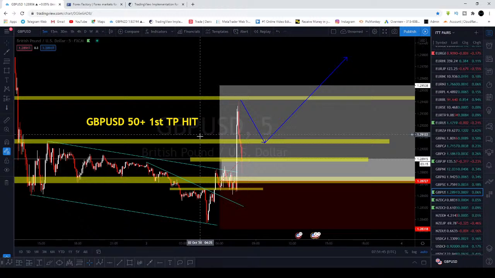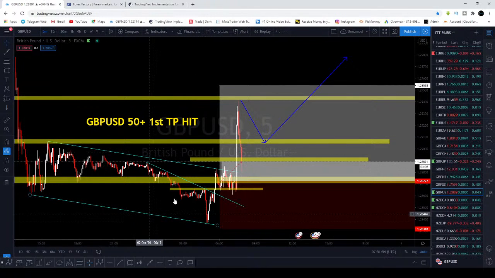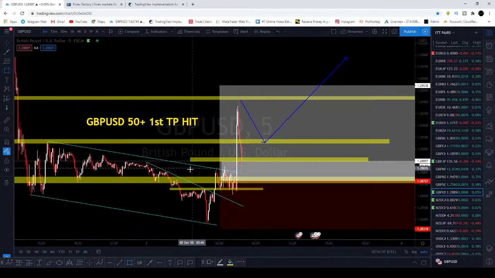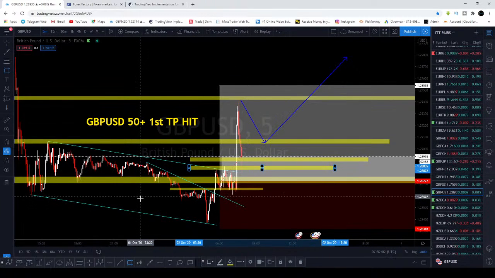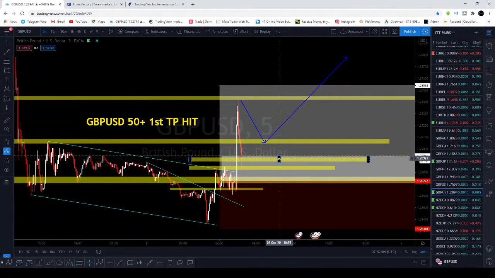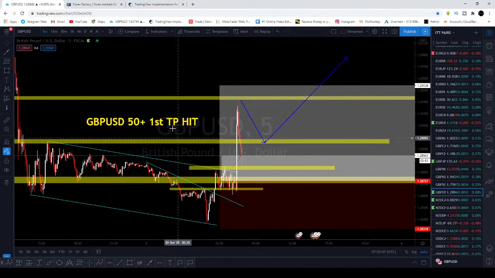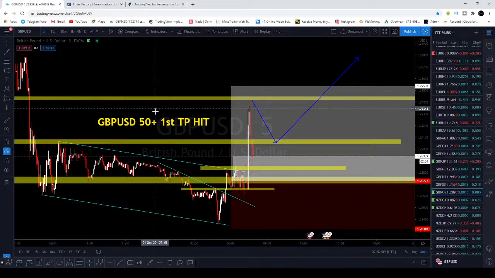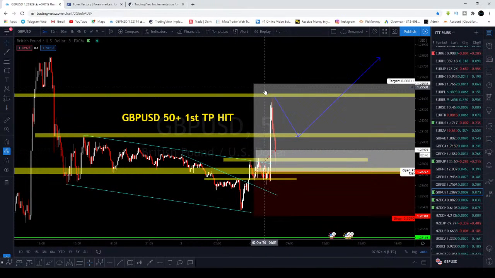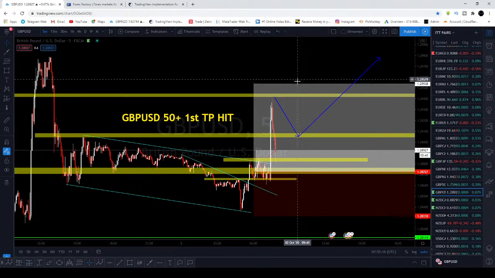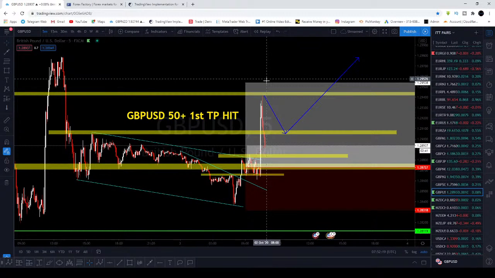Come on, GU. Well, let's try to see. So GU came down and retested this particular zone specifically. This zone, right? Okay. But I was expecting you to come to my 80% profit first before it starts all these rubbish moves.